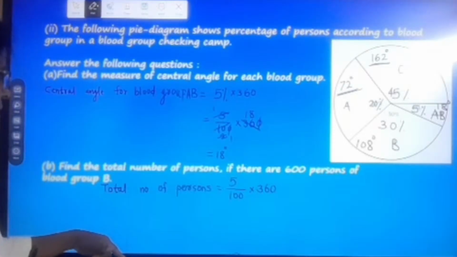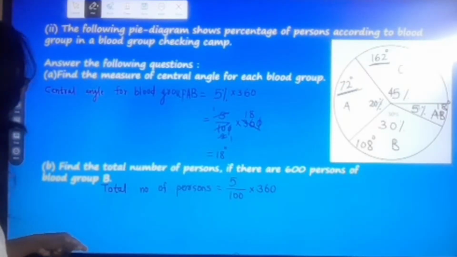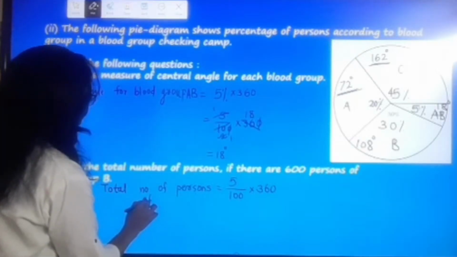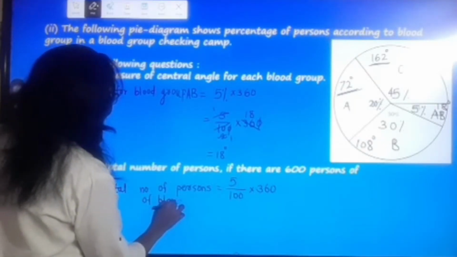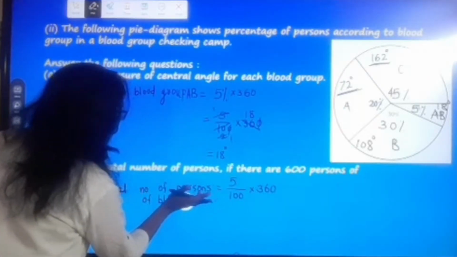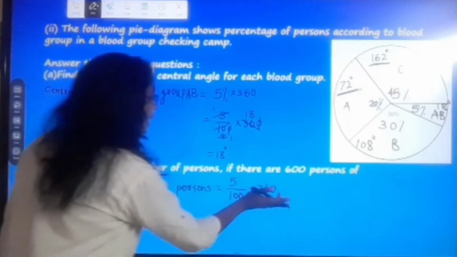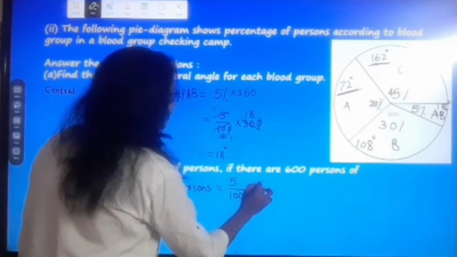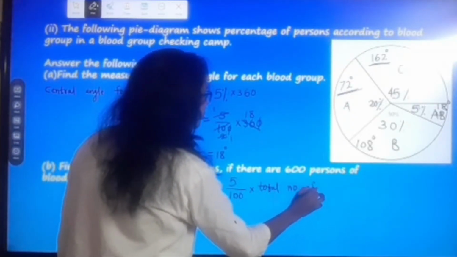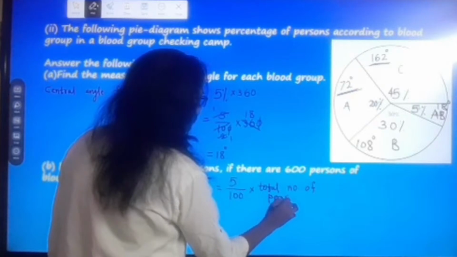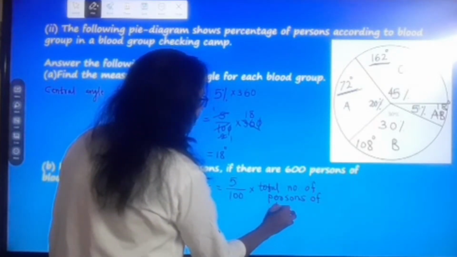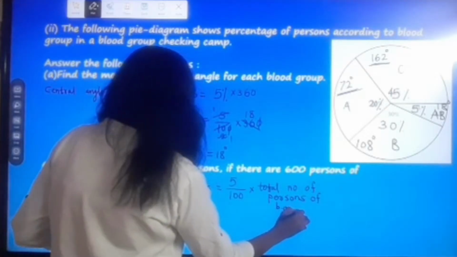Total number of persons of blood group. Sorry, and then here multiplied by total number of persons of blood group B.